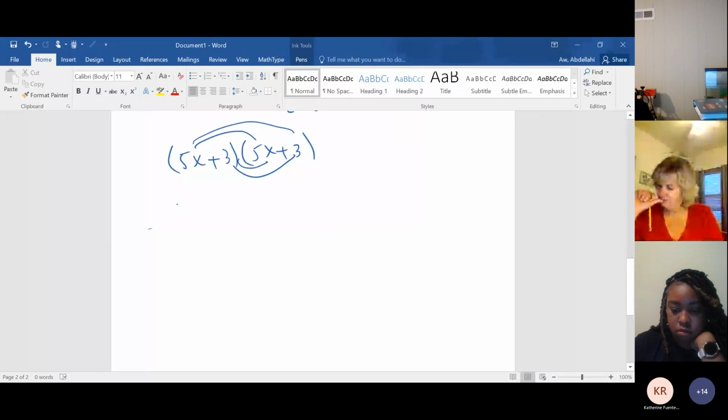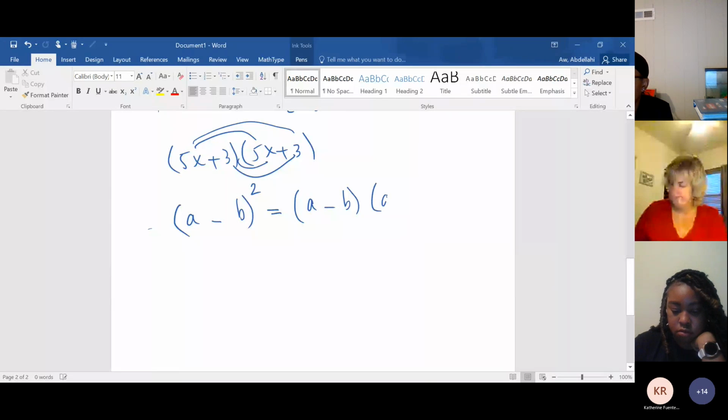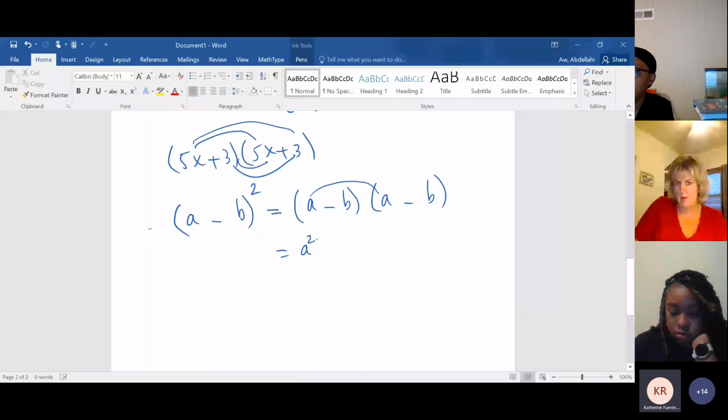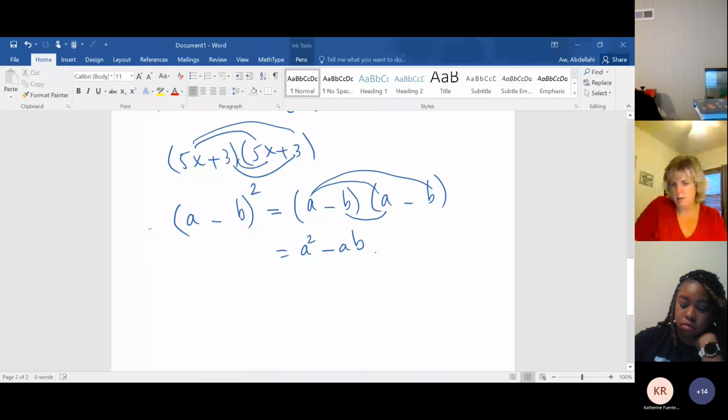If you do a minus b square, it's going to be a very slight difference between the two of them. It's going to be (a minus b) parentheses (a minus b), right? If you distribute, you're going to get a squared, minus ab, and minus another ab, and then the last one, the two minuses make it plus b squared.